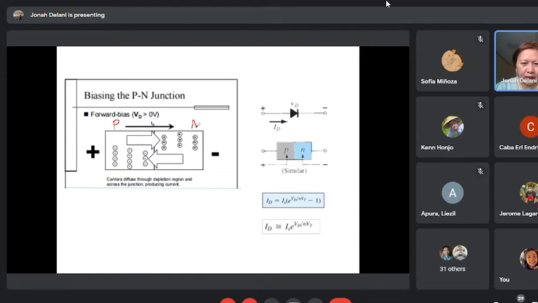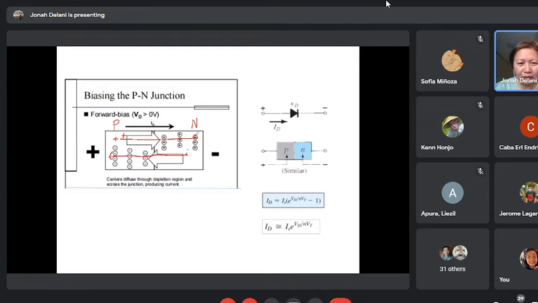The electrons in the N-type material would get attracted to the positive potential, and the holes would be attracted to the negative potential of the voltage.